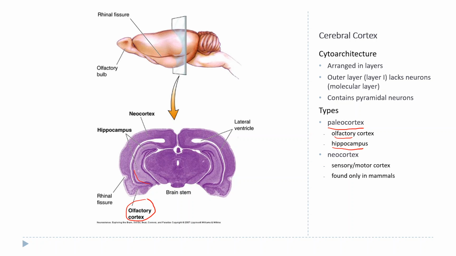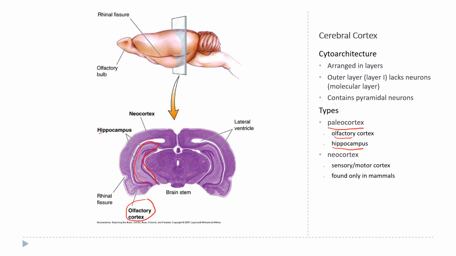So this is the hippocampus of a rat brain, and it looks like it's not really on the outer surface, but the reason it looks that way is because the hippocampus folds up underneath the other layers. That's why you can see this empty space in between the hippocampus and the rest of the brainstem, because it is folded underneath there.